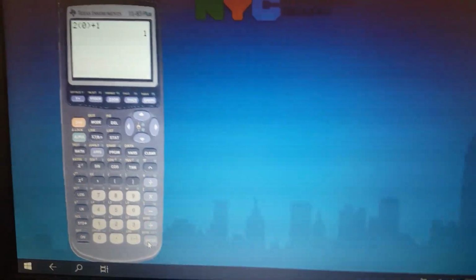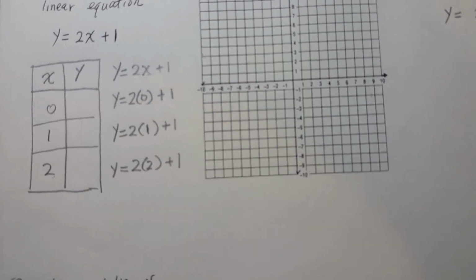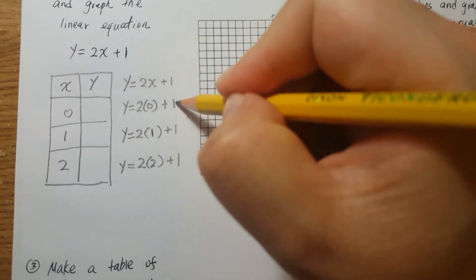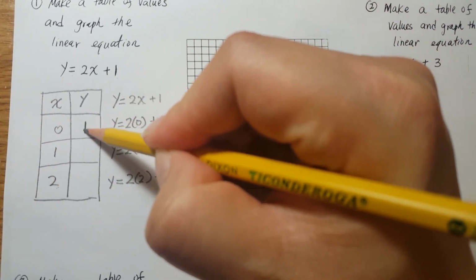I get 1. Now I know that my answer is equal to 1. Then I go back to the table and put 1 over here.